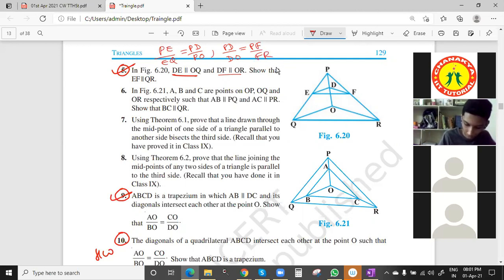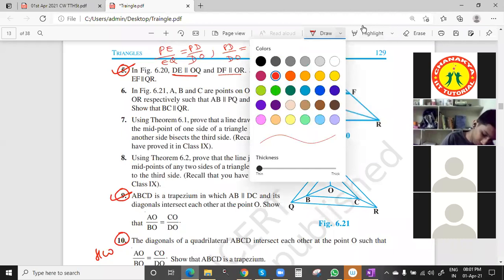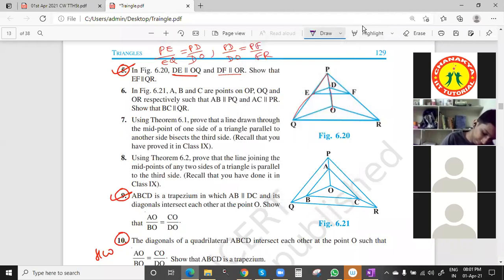Equating these two: PD by DO equals PE by EQ, and in this case also DF by FR equals PD by DO, because we take this one triangle and this second triangle.